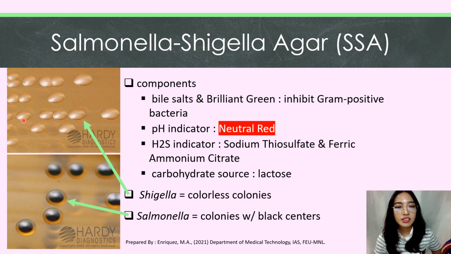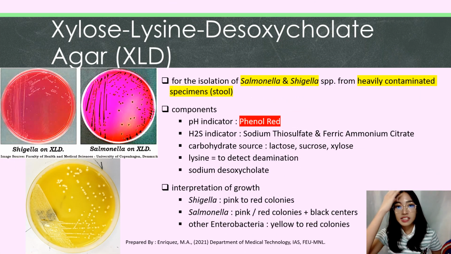Right here, this is what we would expect of Shigella, and these are the fish eye colonies of Salmonella, because again, they are hydrogen sulfide producers. Last but not the least is the xylose lysine desoxycholate agar. The main thing we need to remember here is that this is still used for the isolation of Salmonella and Shigella, but from heavily contaminated samples such as stool.